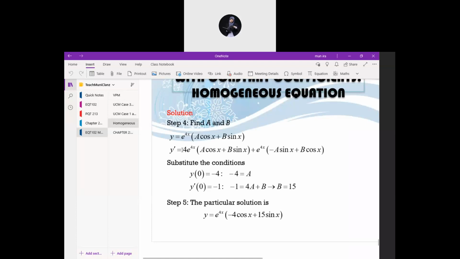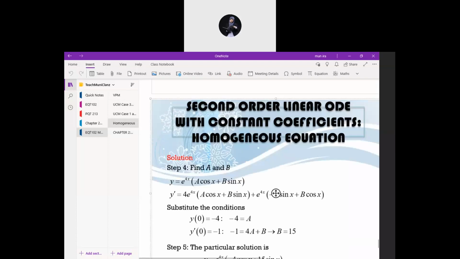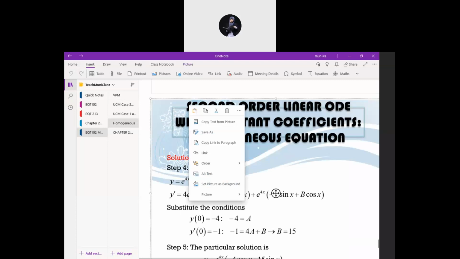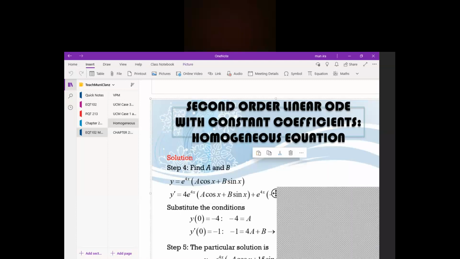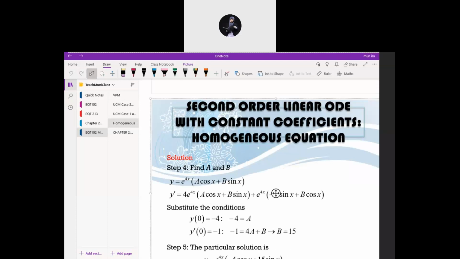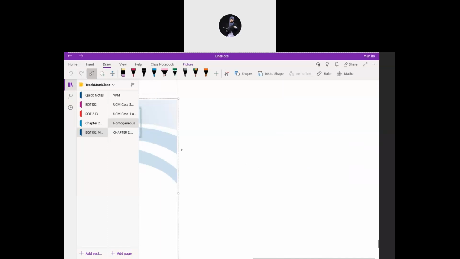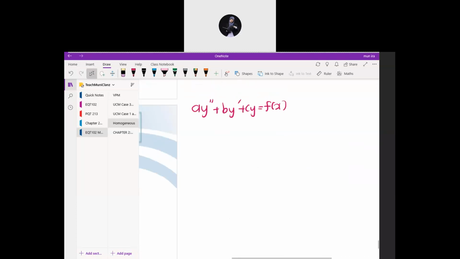First, you must understand that the standard equation is given by a y double prime plus b y prime plus c y equals f(x). Our f(x) can be 0 or non-zero.